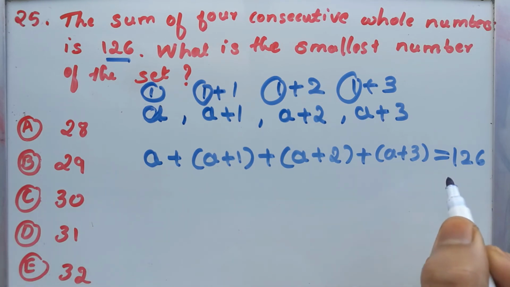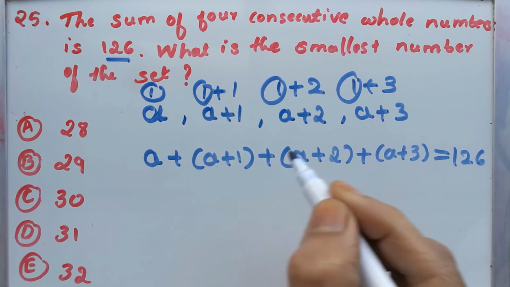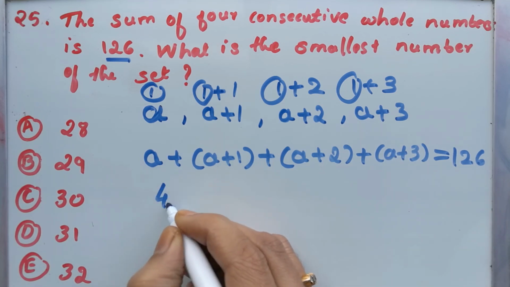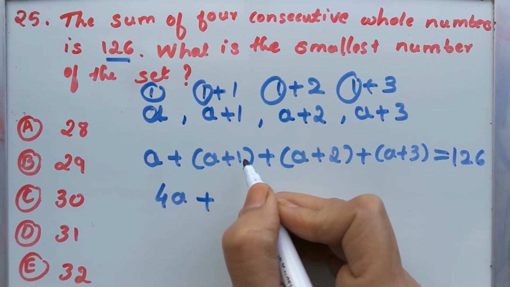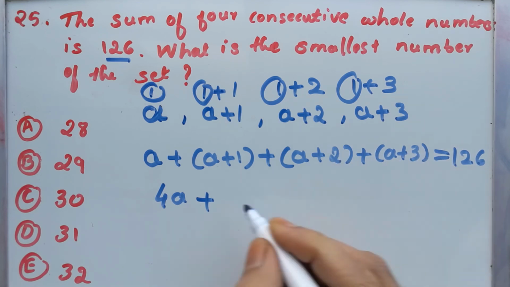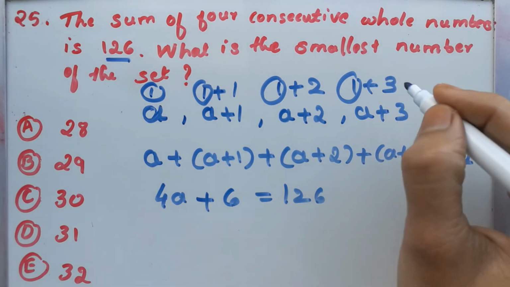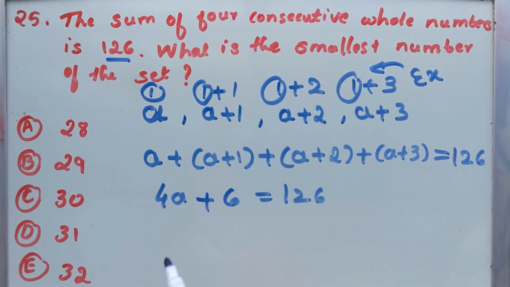So let's add. We have the sum 126. So this is a plus a plus a plus a, 4a, plus 1 plus 2 plus 3, which is 6. So 4a plus 6 is equal to 126.